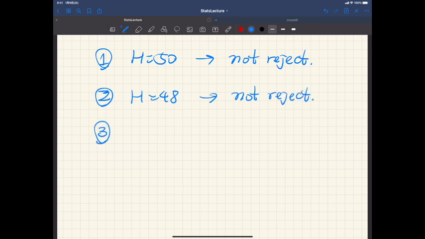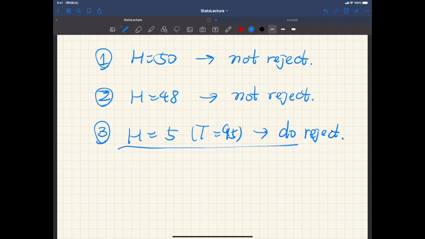But if we have only 5 heads, and of course 95 tails, then we do reject the hypothesis. So if we ever get this result out of 100 flips, then we reject the hypothesis that the coin is unbiased. So we conclude that the coin is biased.